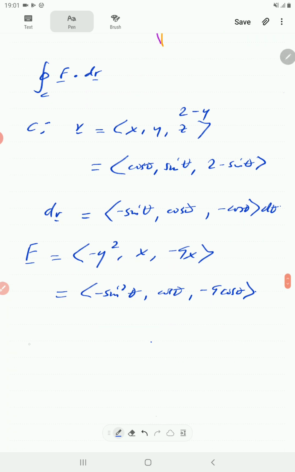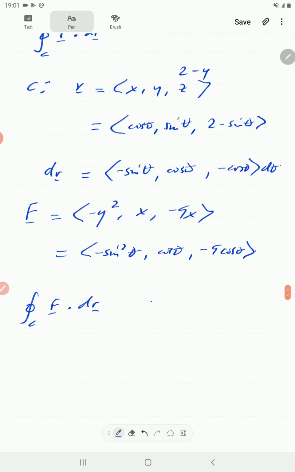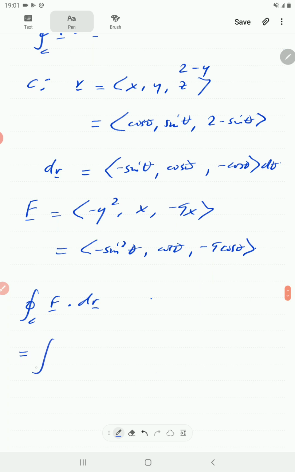So that means this contour integral f dot dr is going to be the integral from 0 to 2 pi, because it's just going to be an integral of theta now, of minus sine squared theta cos theta minus 9 cos theta.